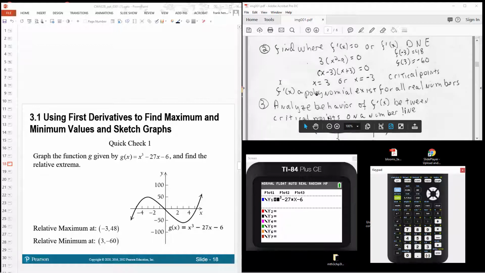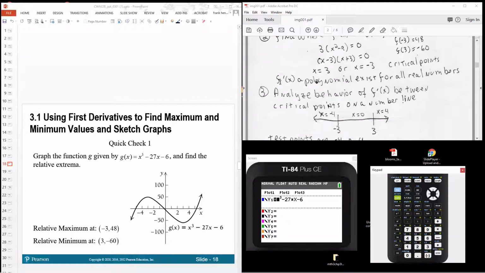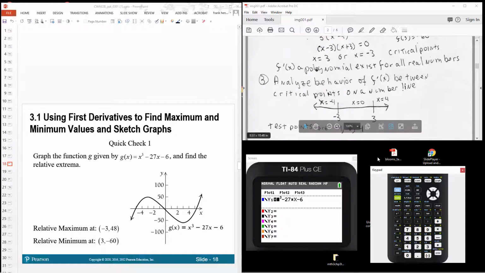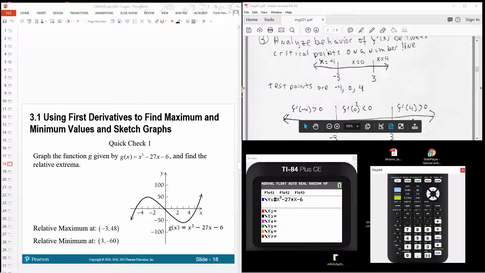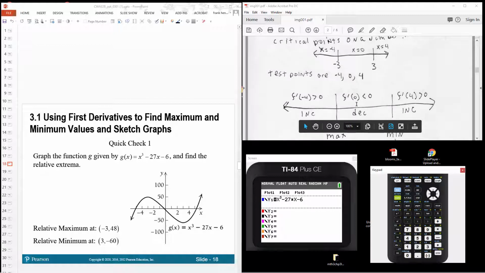So now we want to find that behavior on the intervals of the critical points. So I'll have 3 and -3, and I pick test points here of -4, 0, and 4. And that tells me about where it's increasing and decreasing. So on this side of the interval here, it's greater than 0. So it's increasing here. And it's decreasing here.